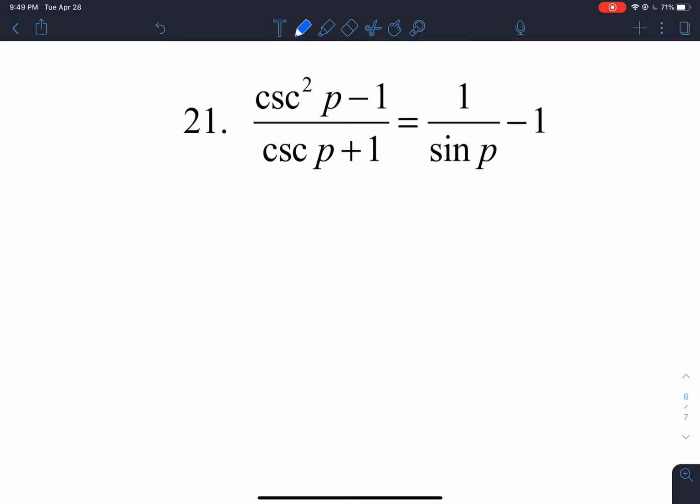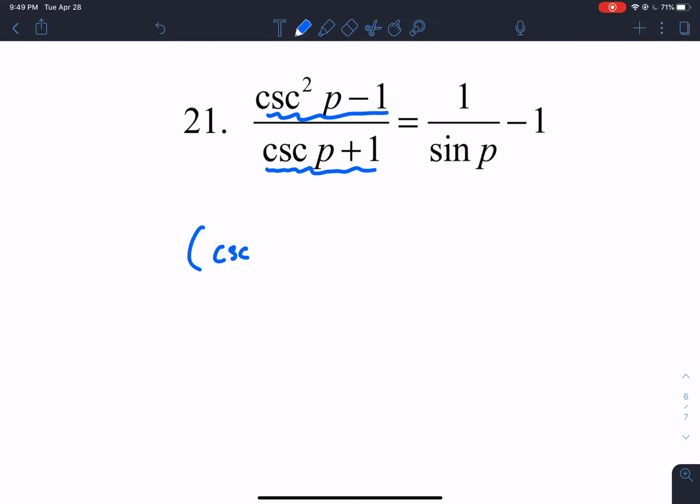Okay, 21. I think you could probably do either side. I think the left side, see how on the bottom here you have one factor of a difference of 2 squares, and this is a difference of 2 squares.